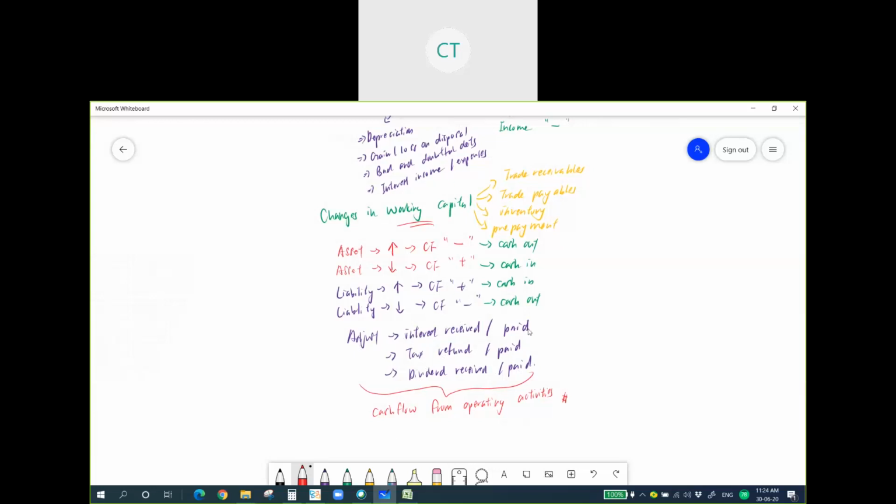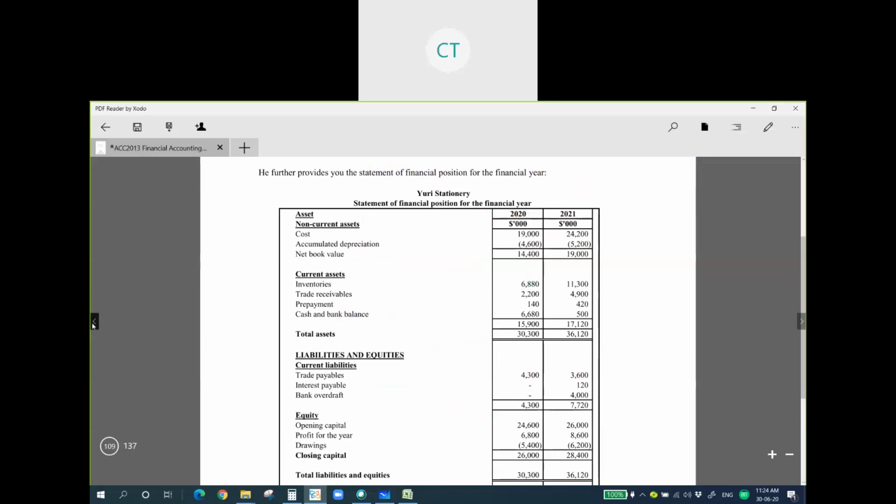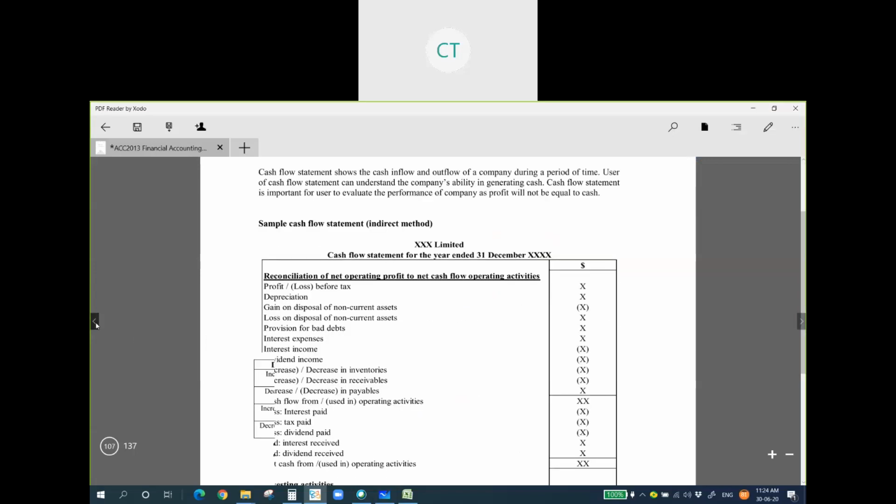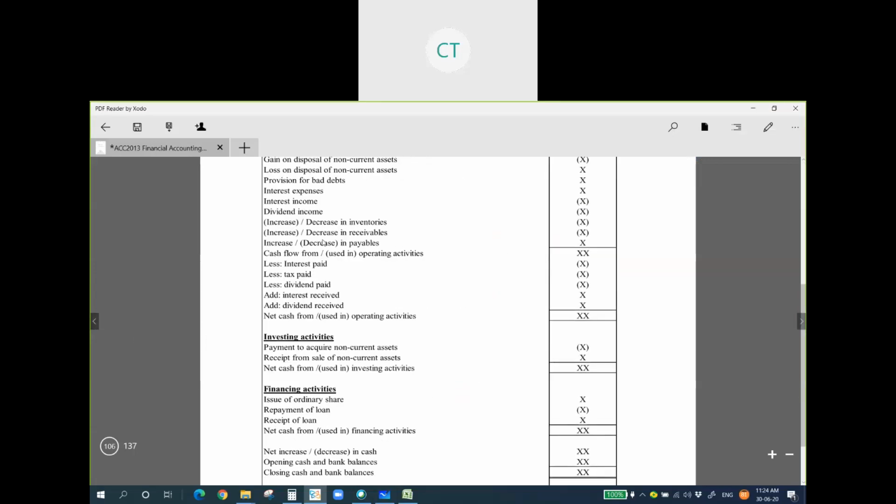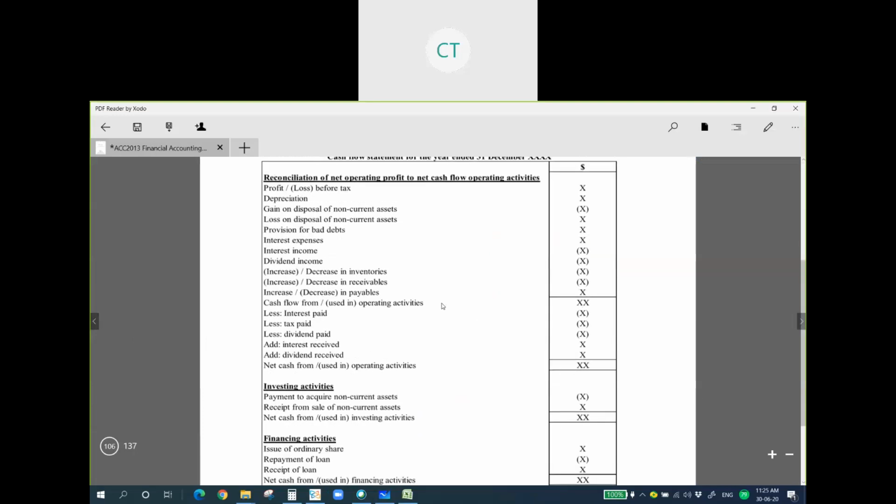Finally, you get your cash flow from operating activities. So you can take a look in your textbook here. This is from here up to here, operating activities.